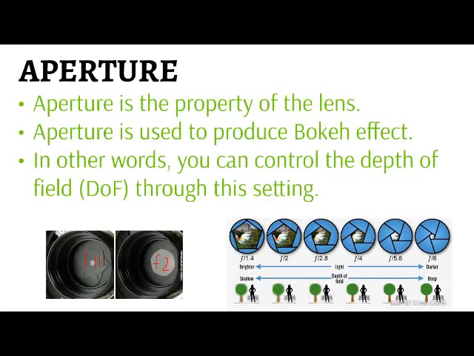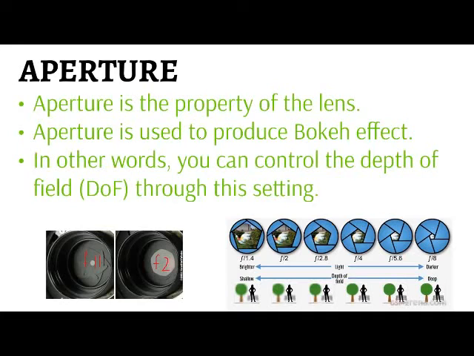Once you set the aperture very high, you're making sure the light that comes in is quite small, but everything will be sharp. Once you set this aperture to a very large value, it means that you have to trade it off with maybe shutter speed or maybe ISO sensitivity.